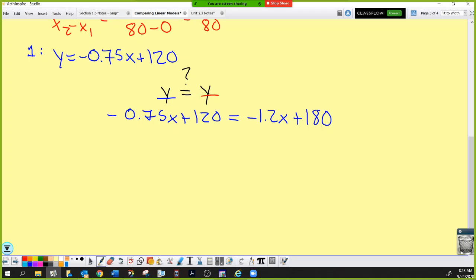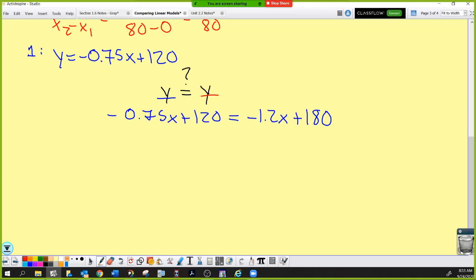You see, when it asks how long until they're the same, equal means same. You just set the two equations equal to each other because, like Lewis asked, the y's are the water, and the y's are modeled by the two equations you found. So you set the equations equal to each other because that's the same as setting the y's equal to each other, and you just solve for x.